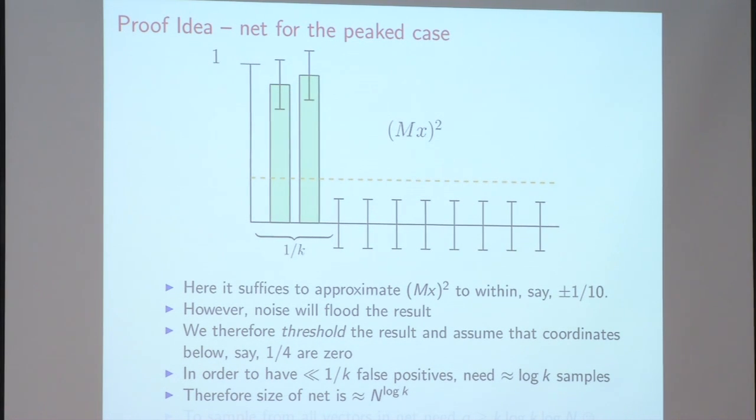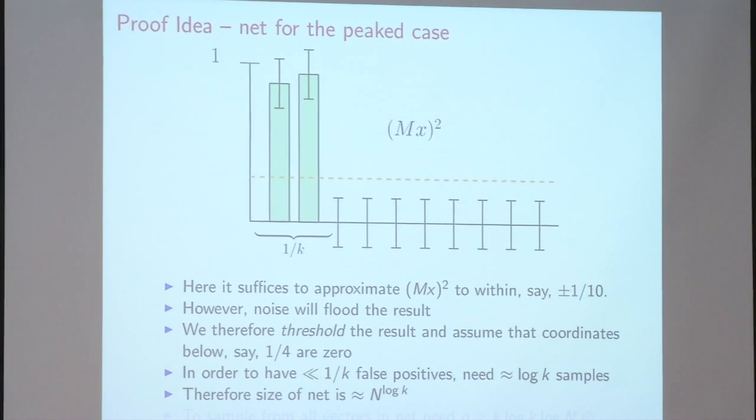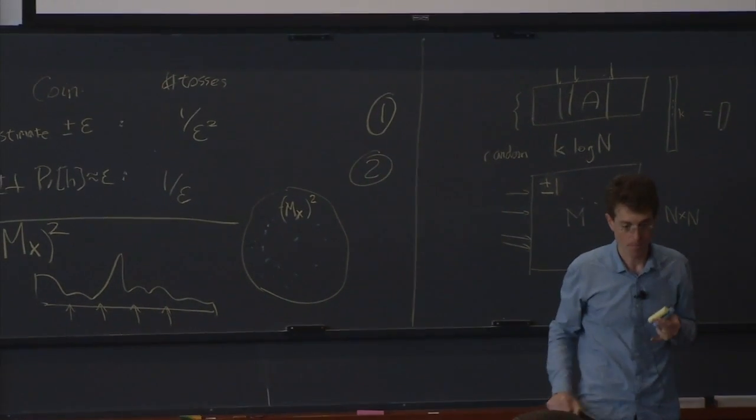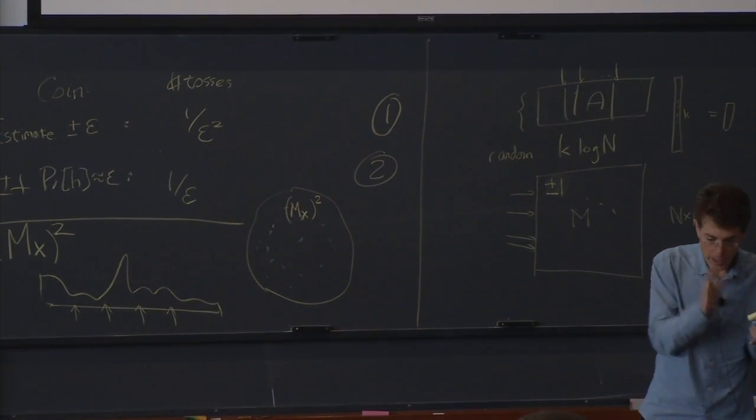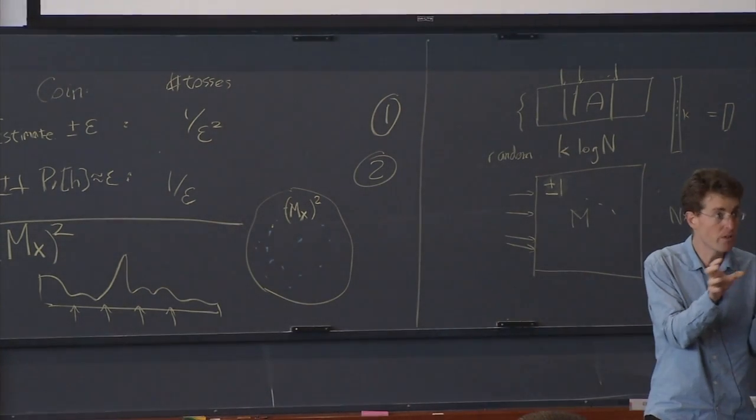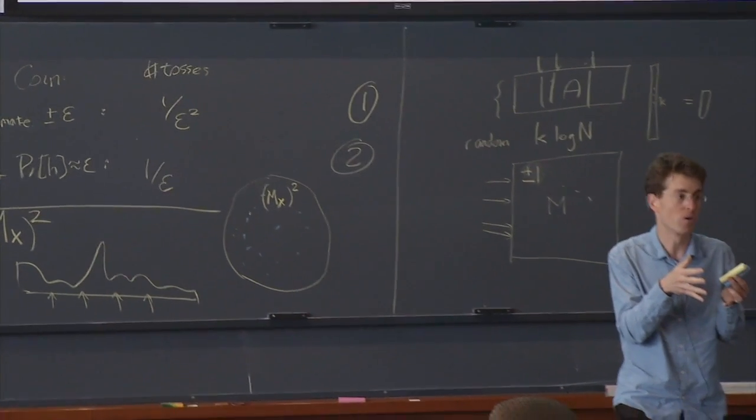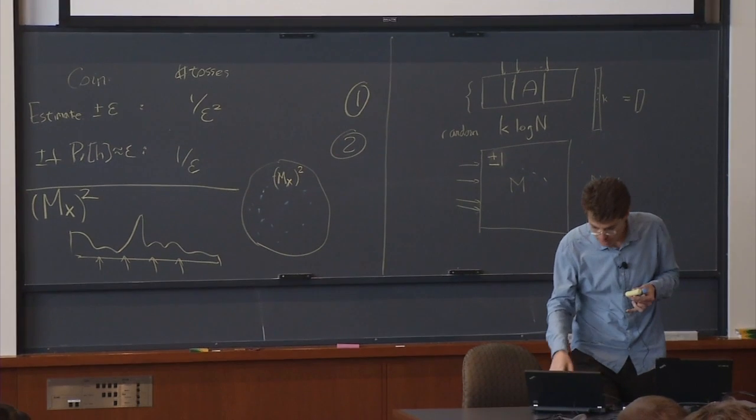So I need something like k samples. This is again number 2. I'm trying to hit a small area of 1/k and get a good estimate of the fraction of coordinates there, so I need something like k samples.